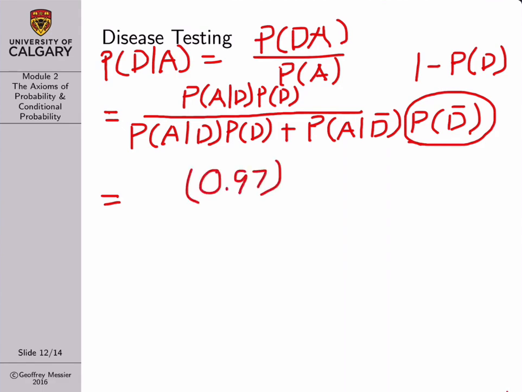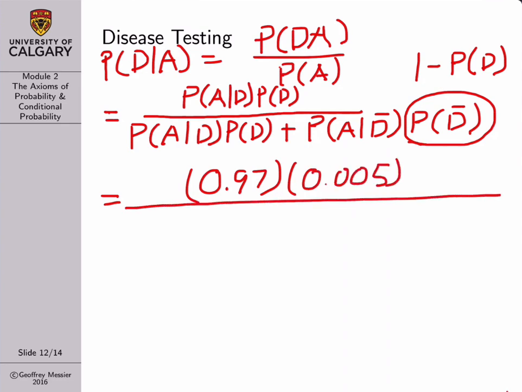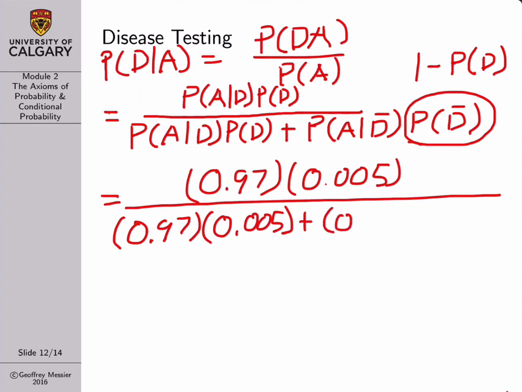0.97 times 0.005, divided by 0.97 times 0.005 plus 0.01 times (1 minus 0.005), equal to 0.33.